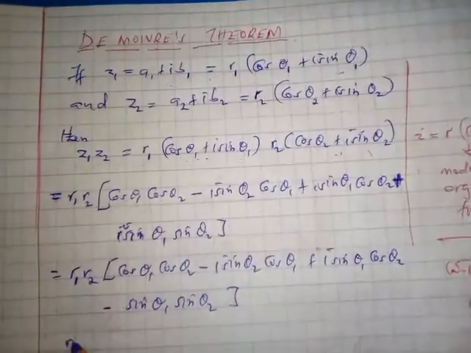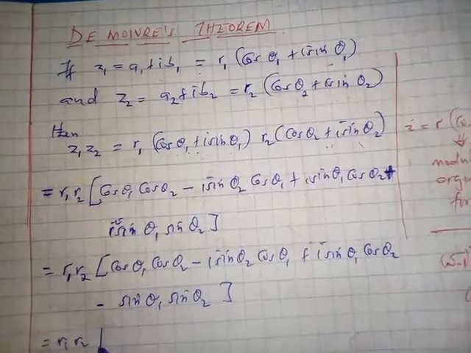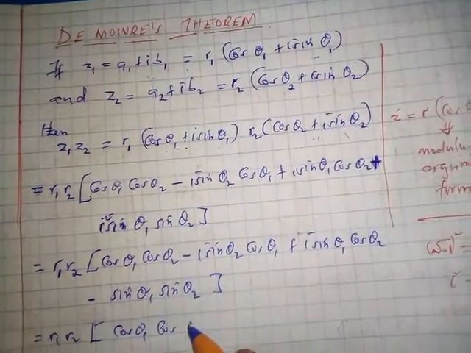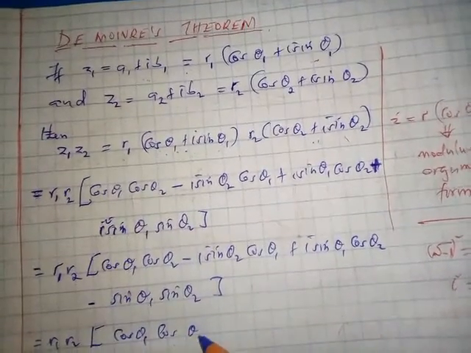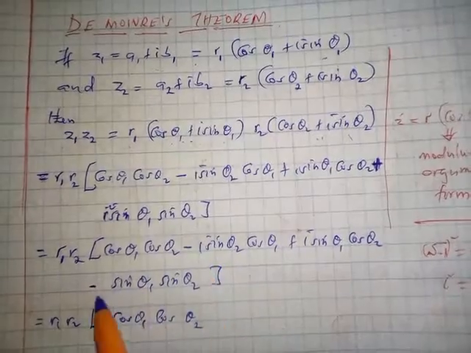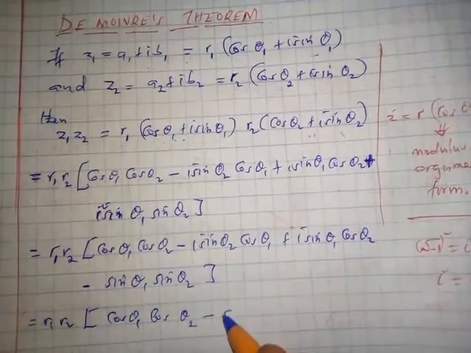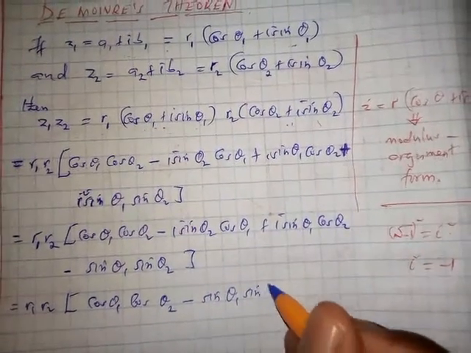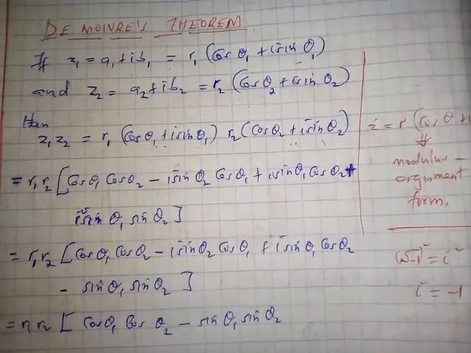So we have R1 R2 cos theta 1 cos theta 2, then minus sin theta 1 sin theta 2. Are we there?